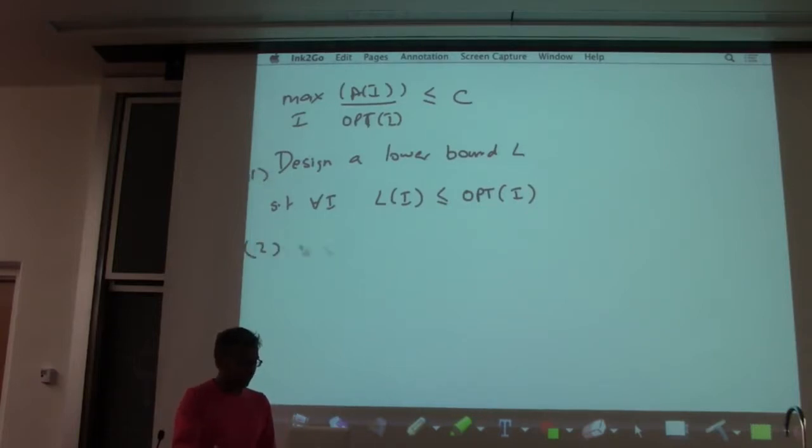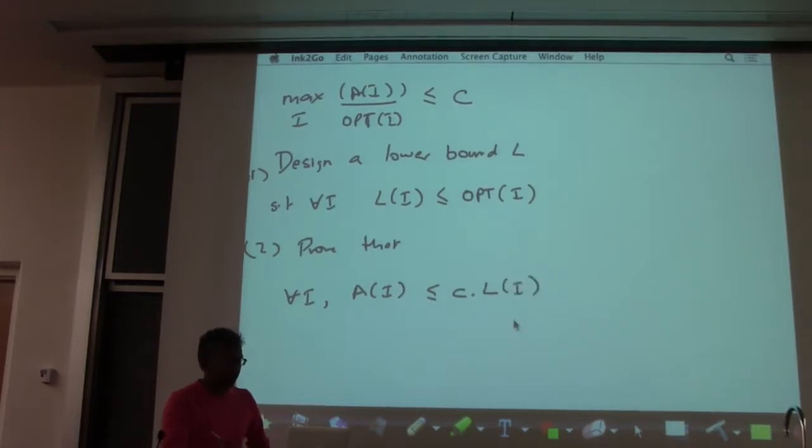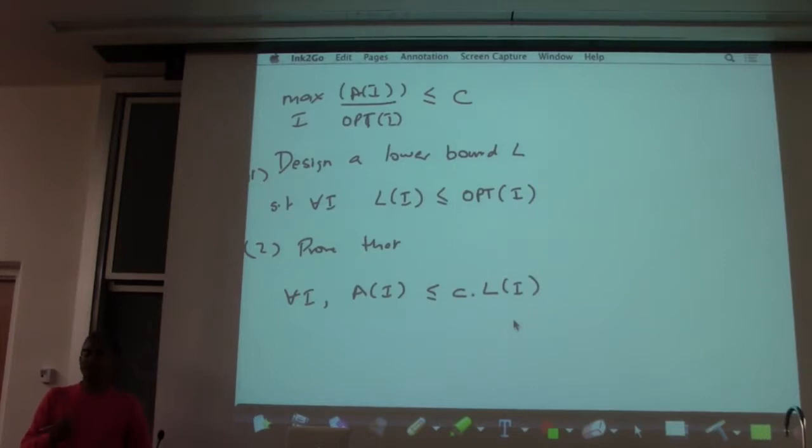Then step 2 would be prove that for all I, express your algorithm in terms of the lower bound.